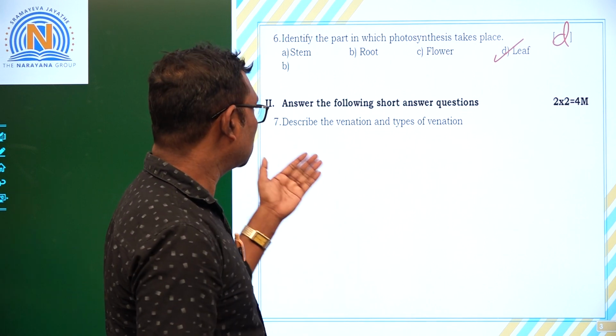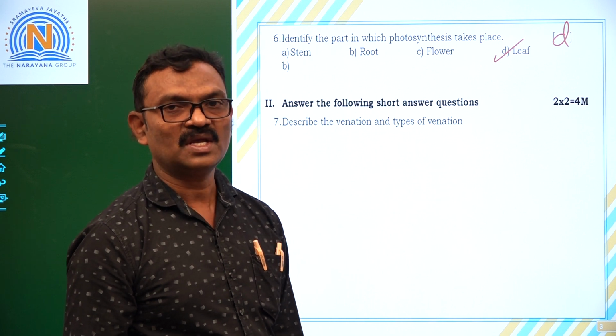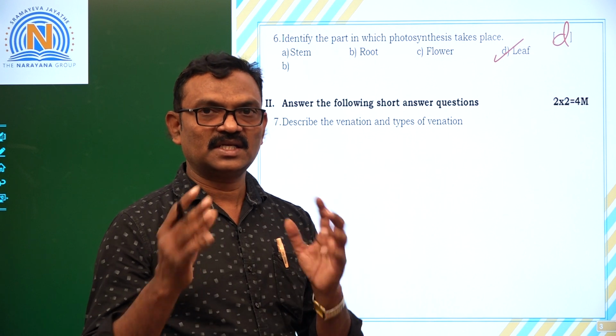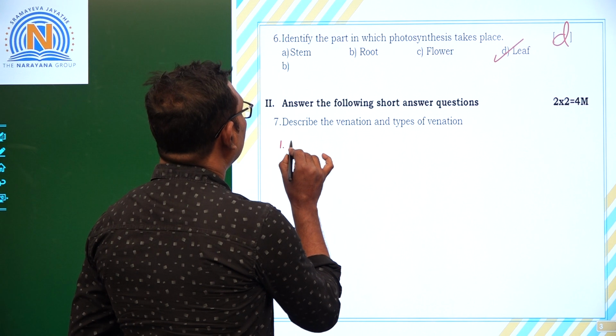Seventh one. Describe the venation and types of venation. What is venation? The arrangement of veins or veinlets in the leaf lamina is called venation.